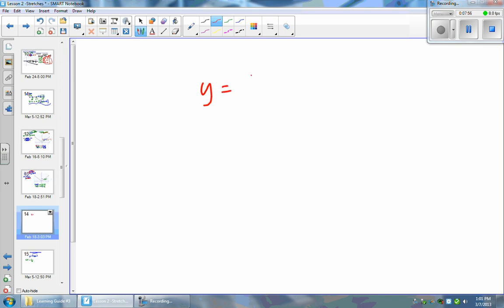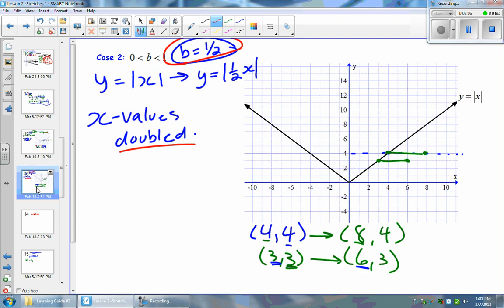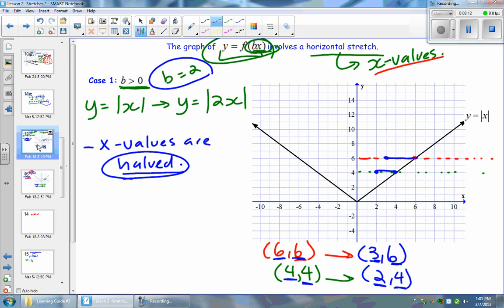Y is equal to f of b times x. So how do we find the stretch factor? Well, in all our examples, it was the reciprocal of whatever the b value was. So since our b value up here was equal to 2, our stretch factor was equal to 1/2. So all my x coordinates were multiplied by 1/2.